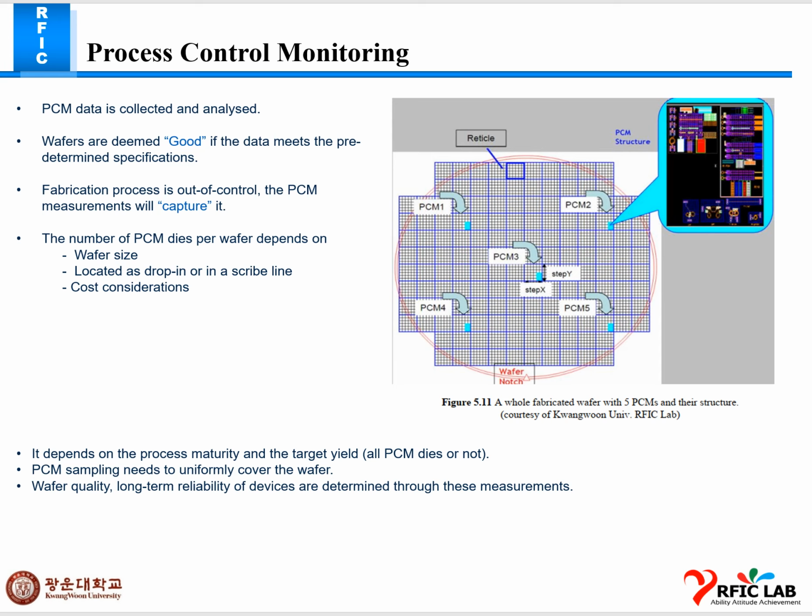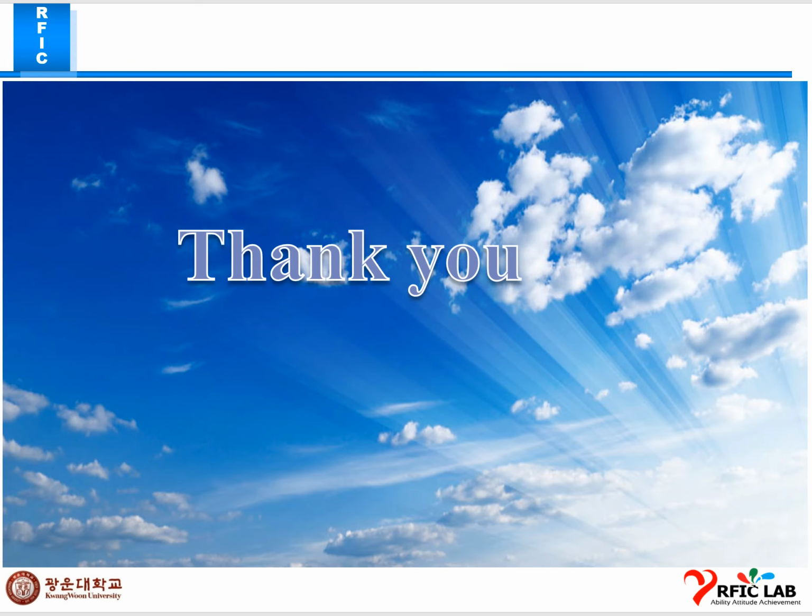It also depends on the process maturity and the target yield. Not all dies are PCM dies. PCM sampling needs to uniformly cover the wafer to represent quality. Long-term reliability of devices is determined through this measurement.